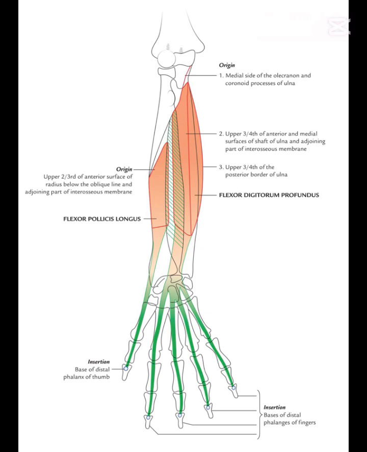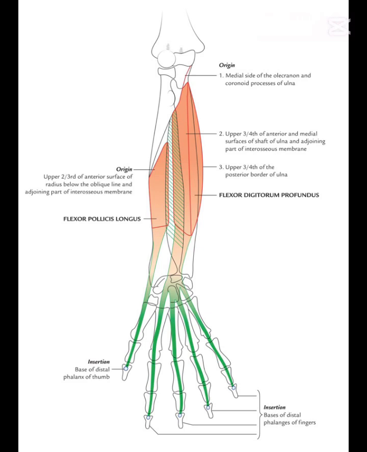The Flexor Pollicis Longus originates from the anterior surface of the radius and its interosseous membrane, while the Flexor Digitorum Profundus originates from the anterior surface of the ulna and its interosseous membrane. You get it now. But the Flexor Digitorum Profundus can also come from where?